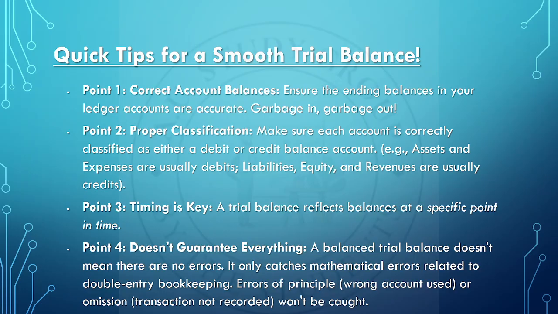Other types of errors will be there, like you might have recorded a transaction in the wrong account, or you might have completely forgotten to record a transaction at all. About those errors we'll discuss in the next session. But here you remember, the trial balance doesn't guarantee anything, it only confirms that the total debits equal the total credits.